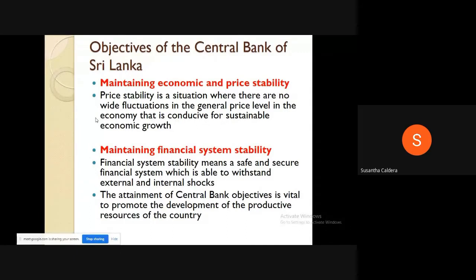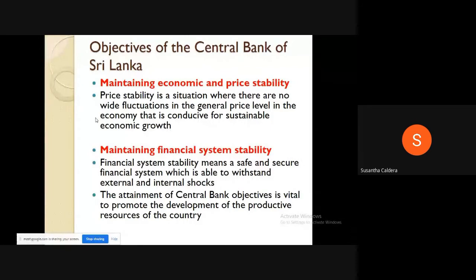Whatever we are discussing today, I don't think it will be a difficult area for you, especially in today's context. What is happening in Sri Lanka? We all know, as bankers, we know better than others. You can have your own judgment, and if you want to write, you can write pages.